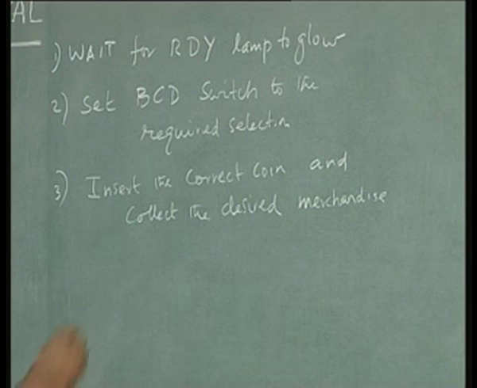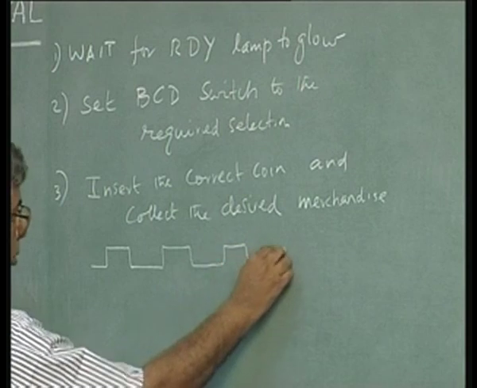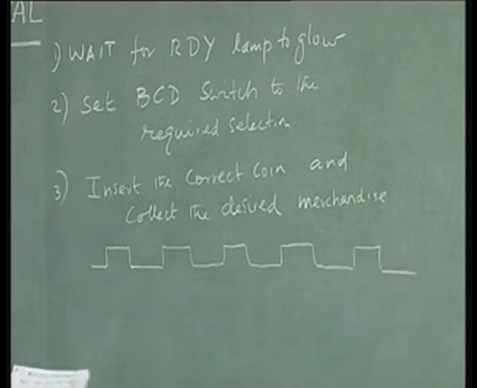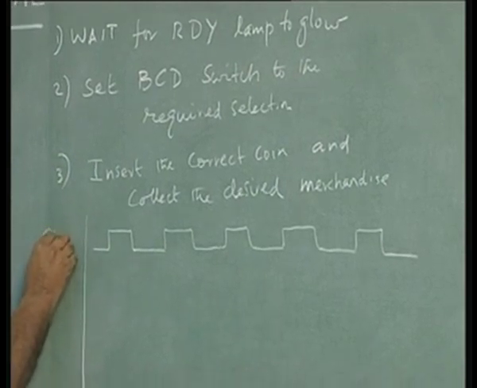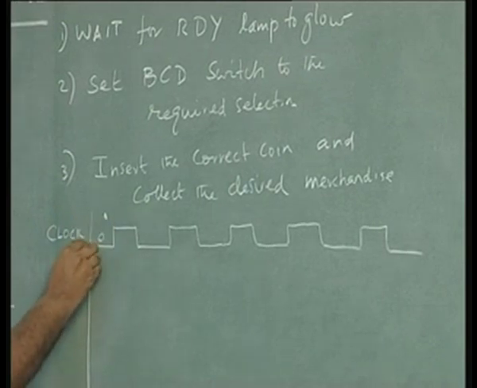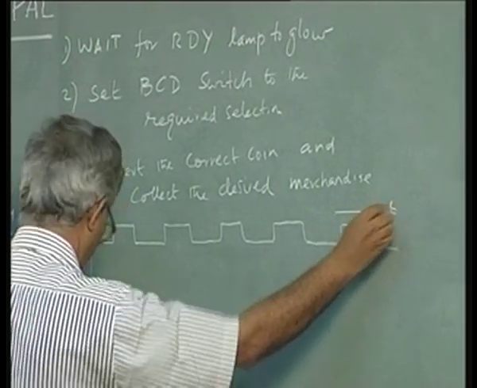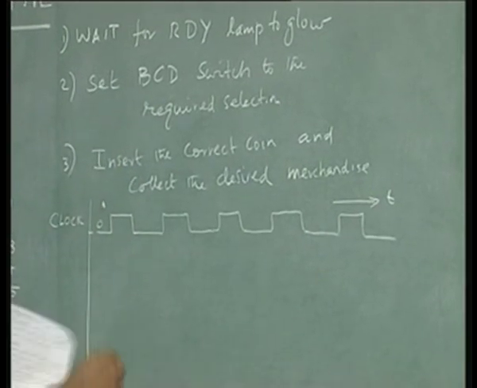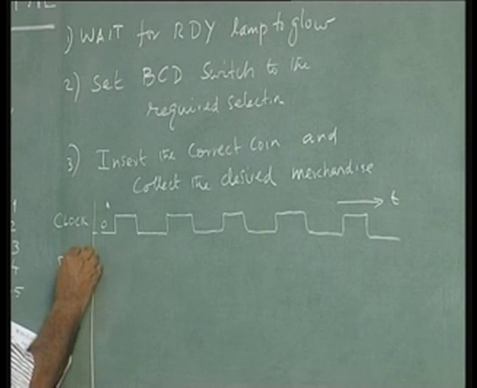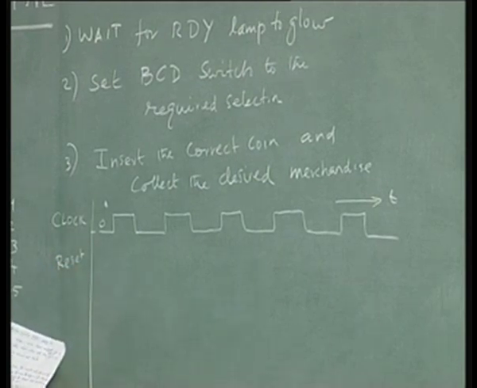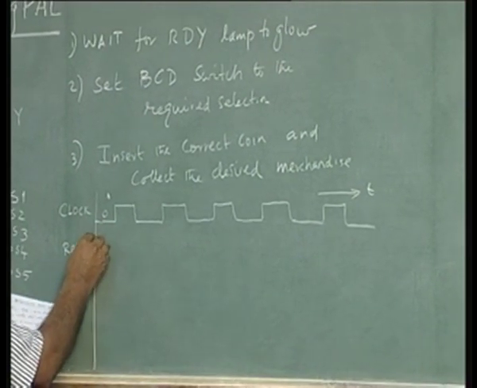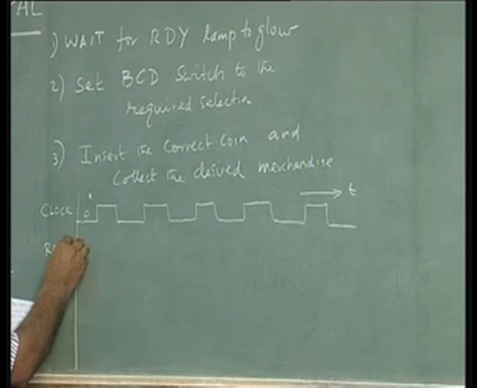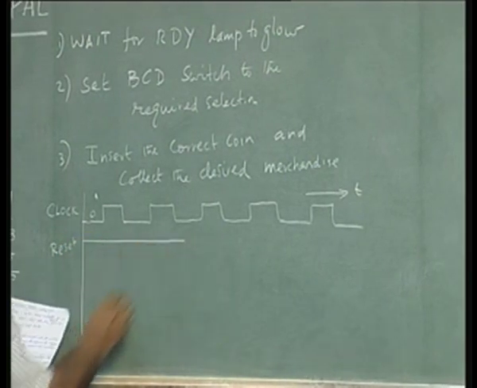So, what we are doing is, the clock will go on. Let us say this is the clock. Initially there is a reset, and when the reset is on, it will take several clock cycles.